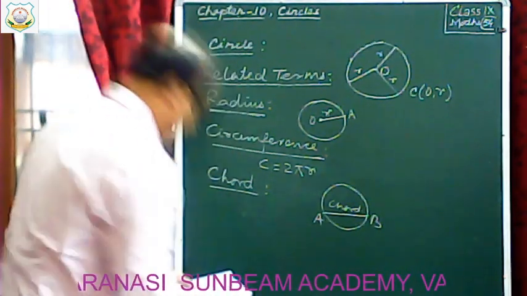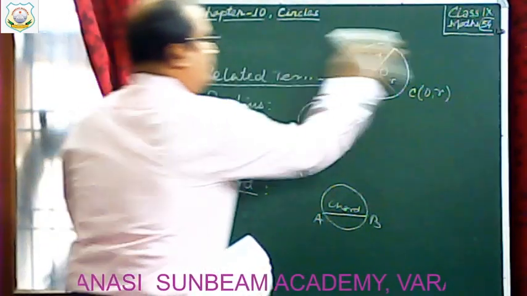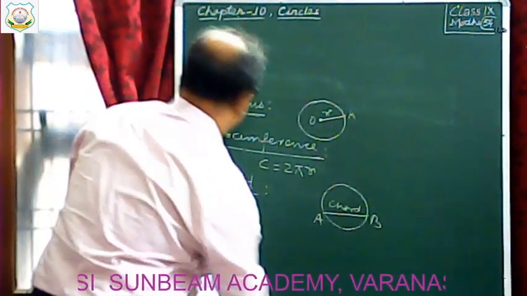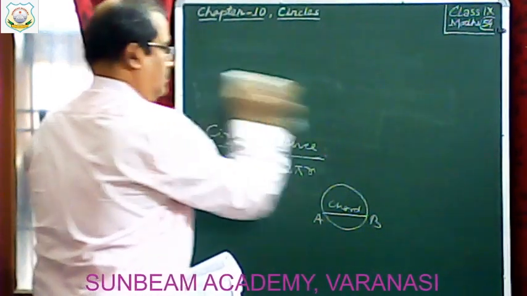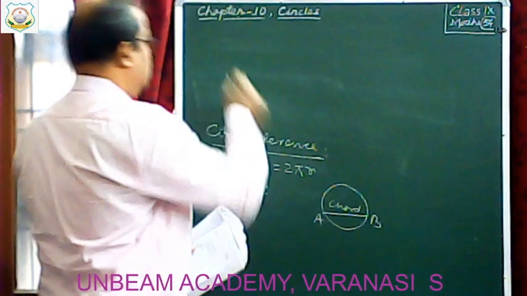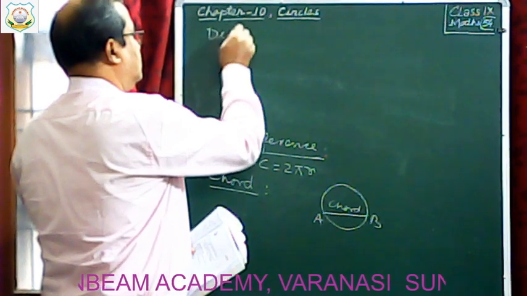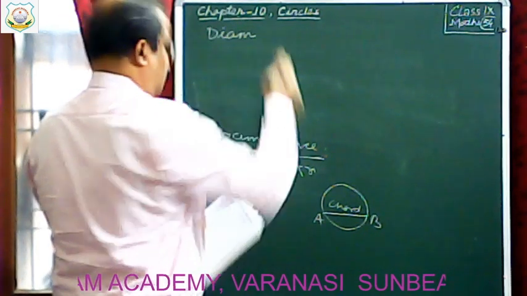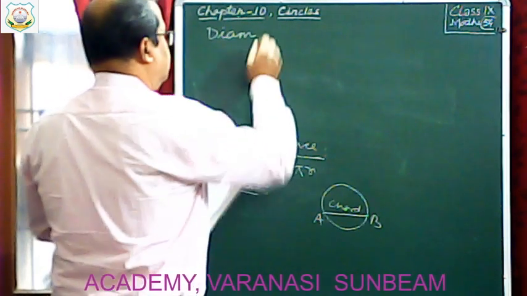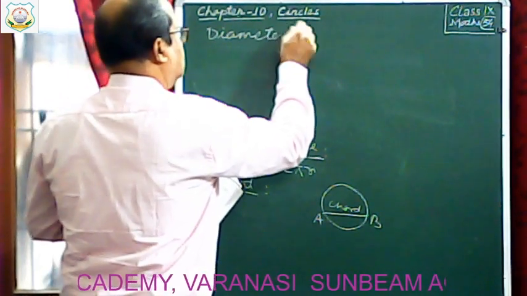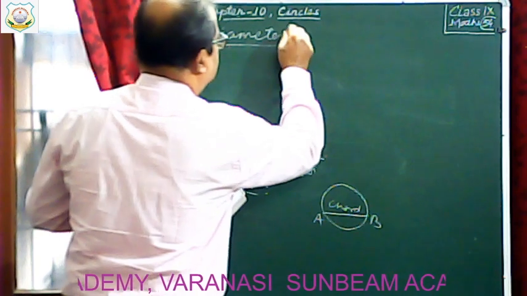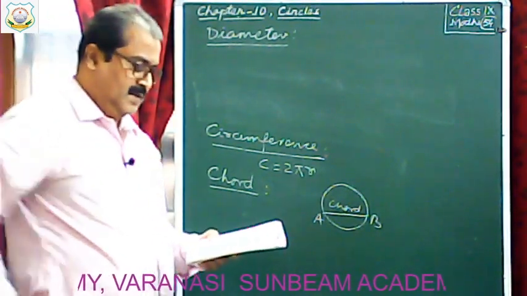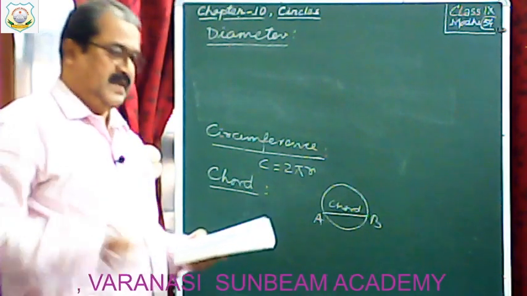Thereafter, diameter. A diameter is a chord of a circle passing through the center of the circle.